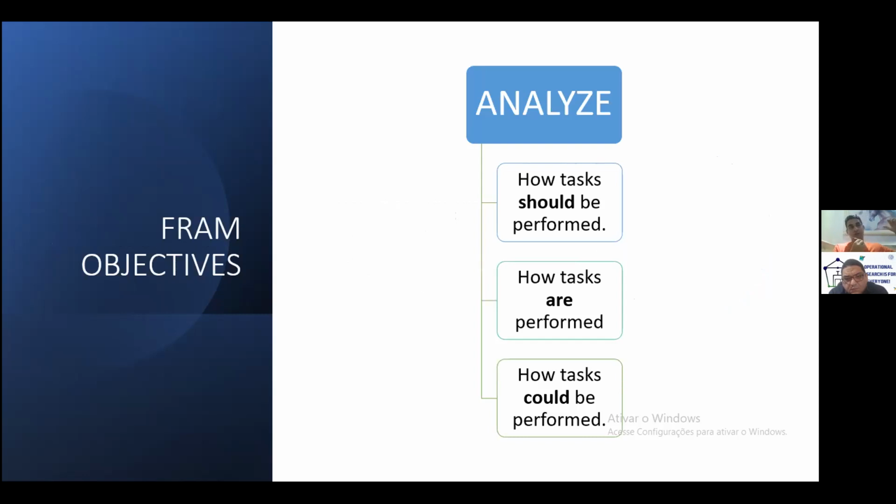So first we standardized these concepts, and now we're going to enter into FRAM objectives. FRAM objectives are to first analyze how tasks should be performed, second, how tasks are performed, and third, how tasks could be performed.